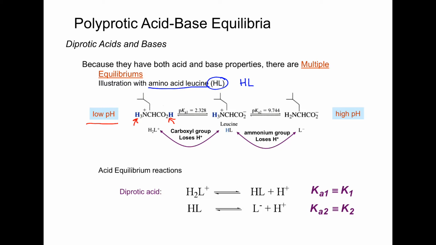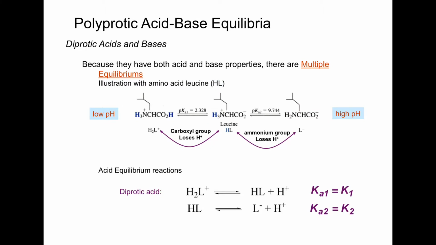At moderate pHs, so kind of in the middle, one will be protonated and the other isn't, and at high pHs, where there is very little hydrogen ions, it has lost one of its hydrogens, and this isn't going to have any hydrogens. So in this case, neither of them are protonated.